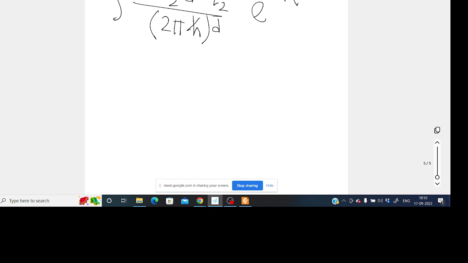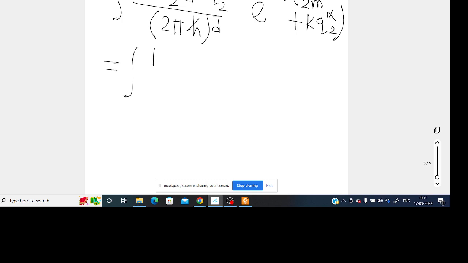So I am assuming this Hamiltonian for your convenience. I am writing the Hamiltonian here, H2.